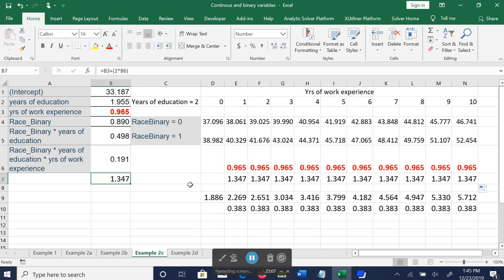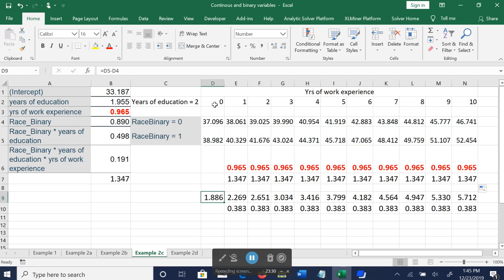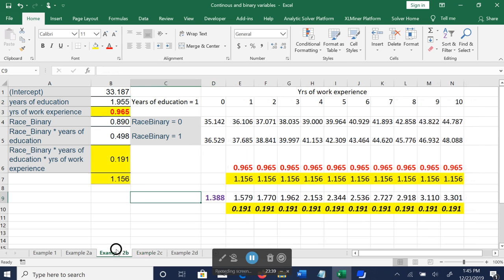This is how we get this. This is the sum of this, the years of work experience, by 2 multiplied by this. And if we want to see how the racial gaps in income change over time with additional years of experience acquired for everybody with only 2 years of schooling, we plug in the formula like the previous worksheet.